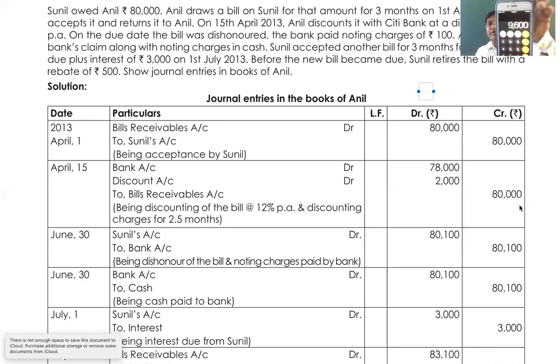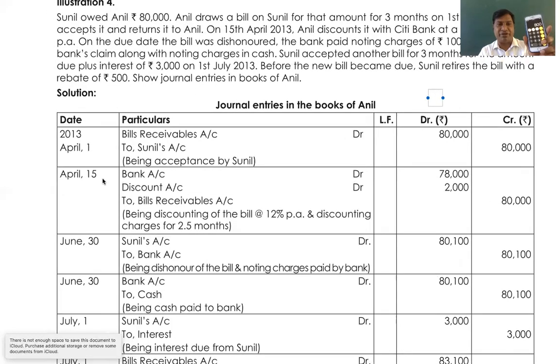Then this is for the year, per annum, and divide it by 12. 800 is per month. Now look at this one. When did he take the bill to the bank? He took the bill to the bank on 15th April.